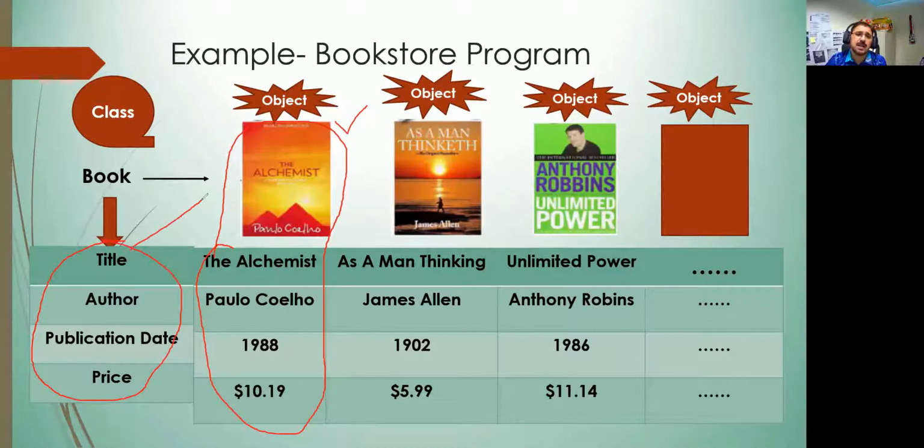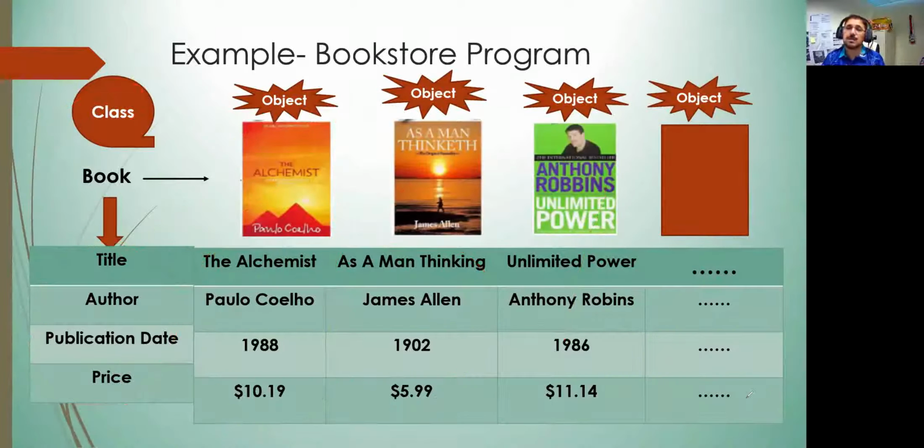The general concept is called a class, and a real world example of this general class is an object. Similarly, this is another object, this one is another object, and so on. So the description of the real world object is a class, and the example is an object.